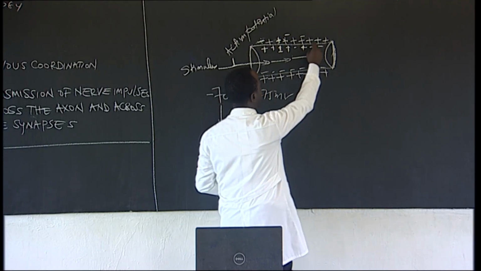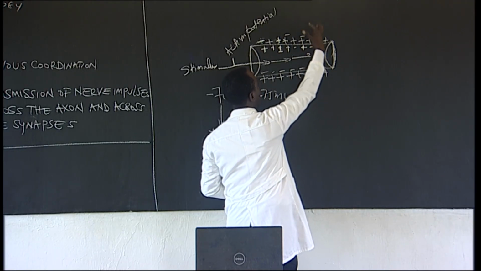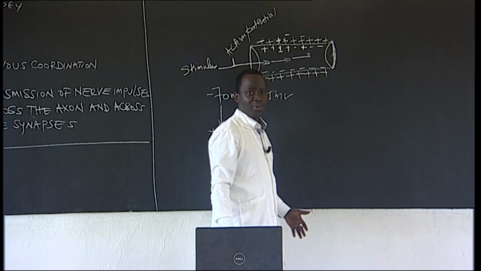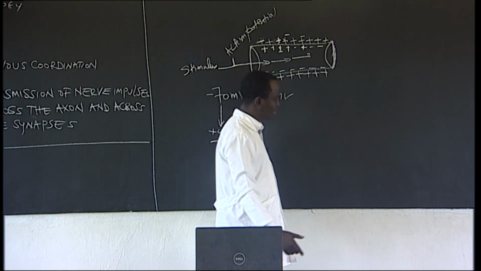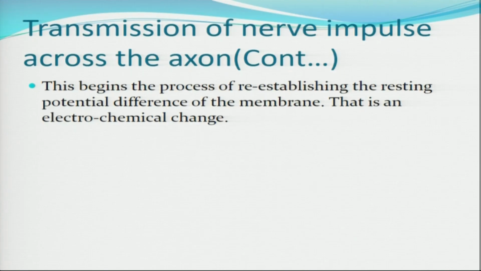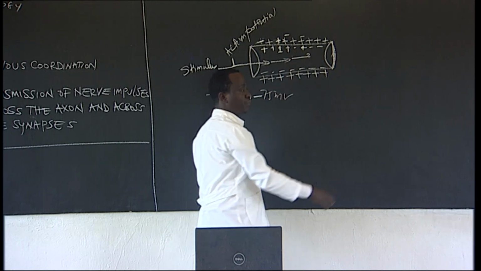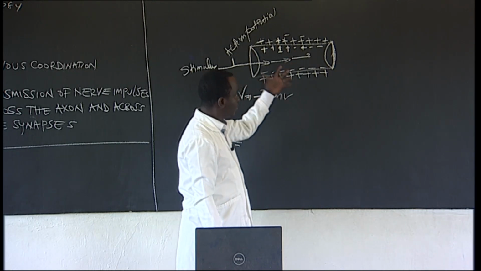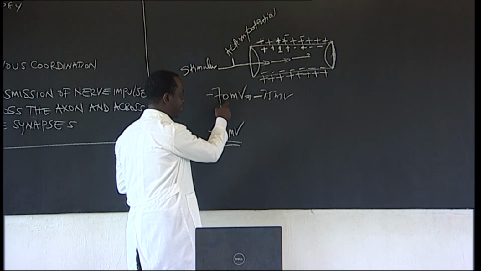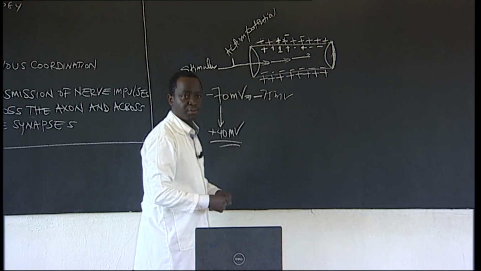Even the potassium ion channels, through which ions have gone outside, are going to close. If they close, so now we are going to have fewer positive charges. And then finally, there is re-establishing of the resting potential, where it comes again to minus 70 millivolts.